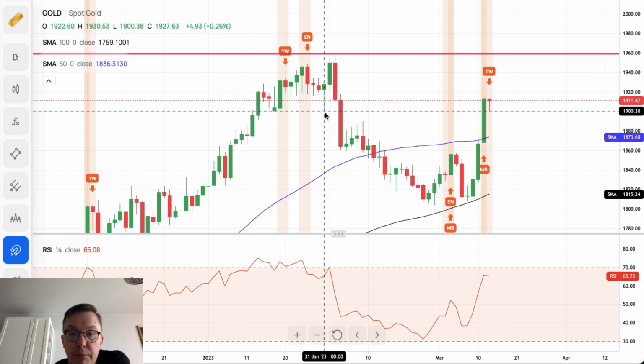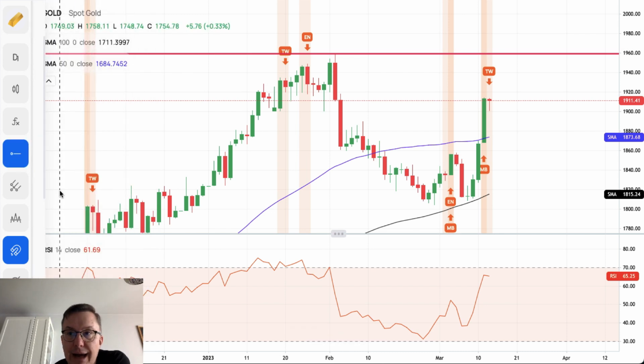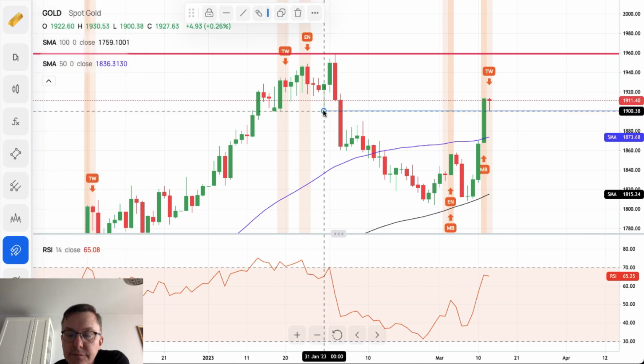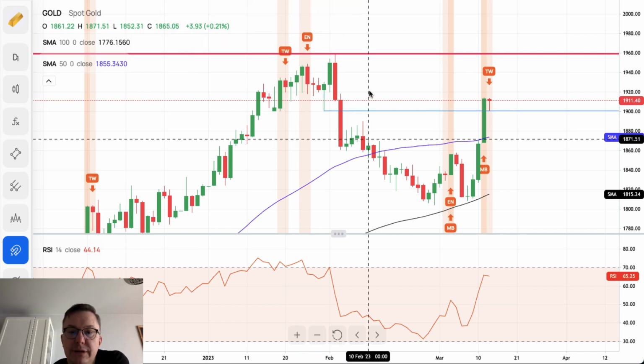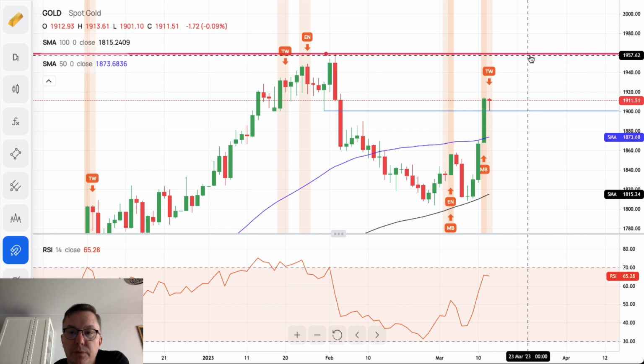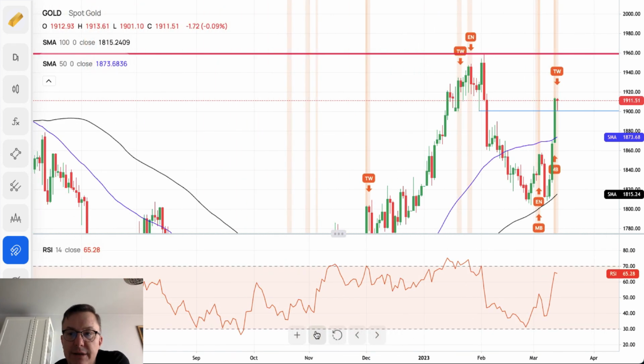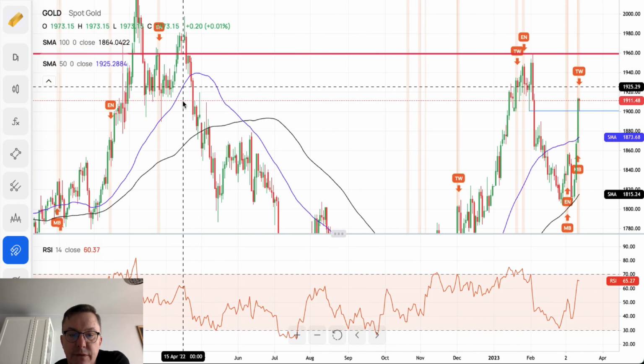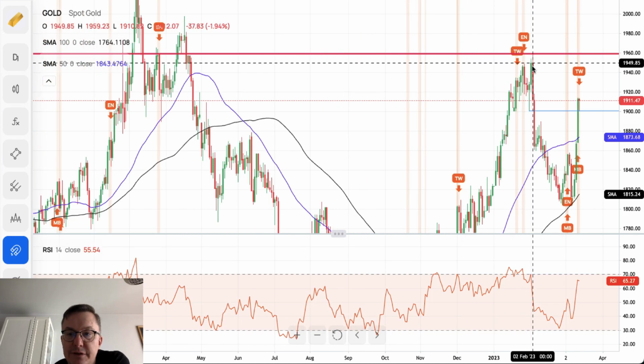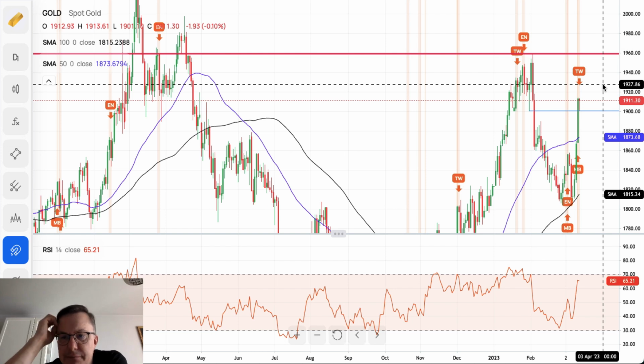We broke above 1,900 already, so this level will now act as technical support for the market, intraday technical support and local technical support, and the bulls are aiming for the 2023 high located at 2,020. Is it 220? Yes, this is the 2023 high. 1,959 is the high of this year. It looks like it might be challenged very, very quickly.